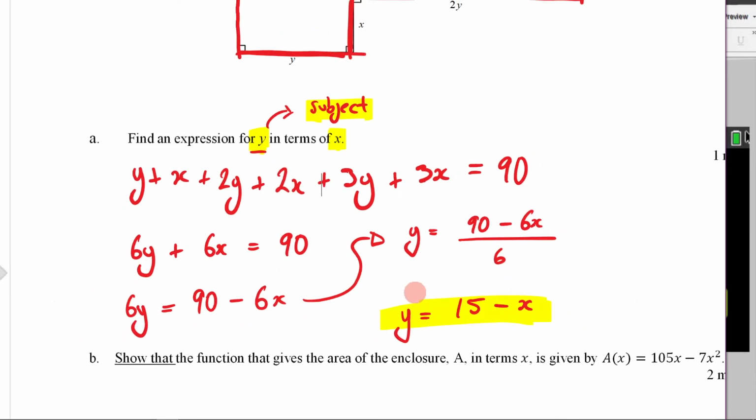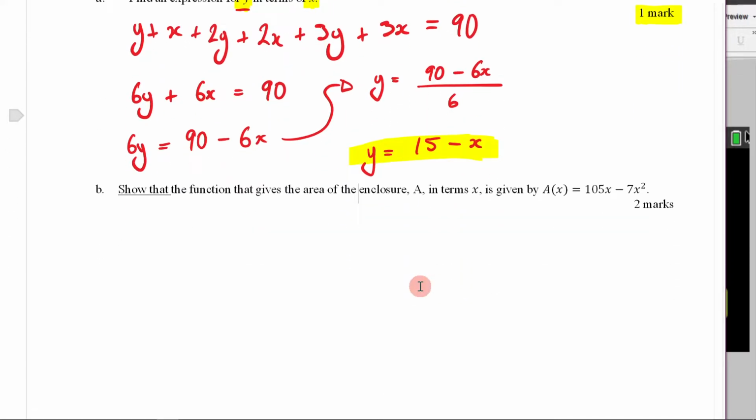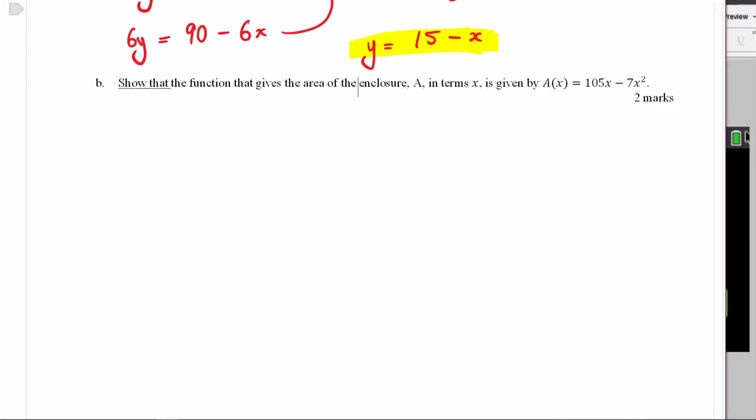Okay, let's continue going on. As you can see, that's 1 mark for the answer. Next. This next one is important for us to go through because it is a show that question. It says, show that the function that gives the area of the enclosure A in terms of x is given by A of x is equal to 105x minus 7x squared.